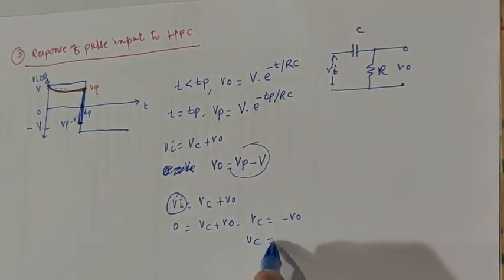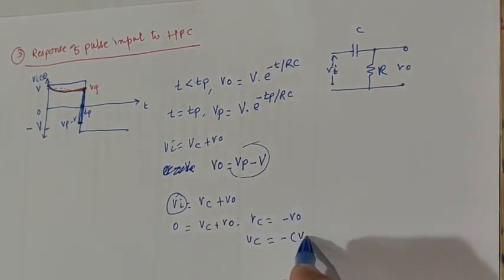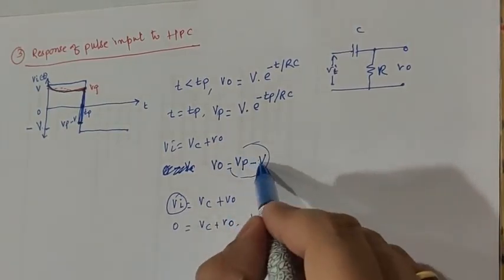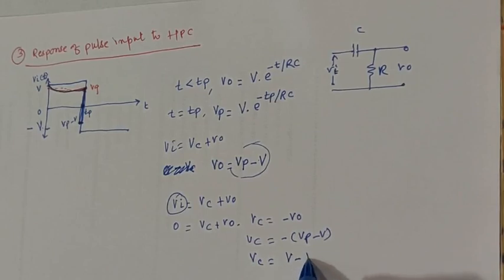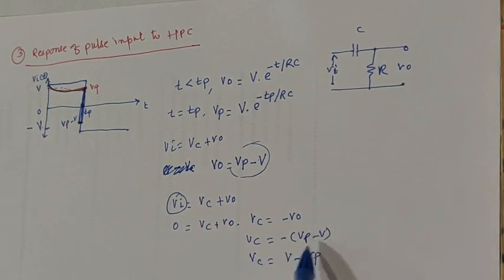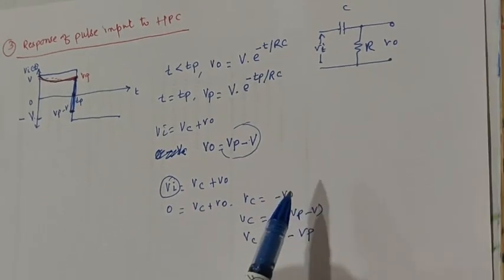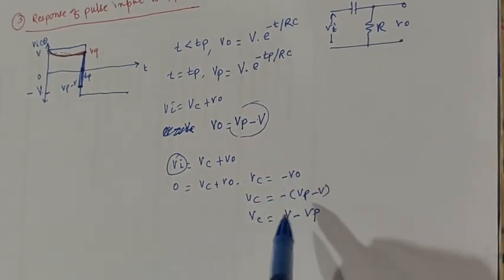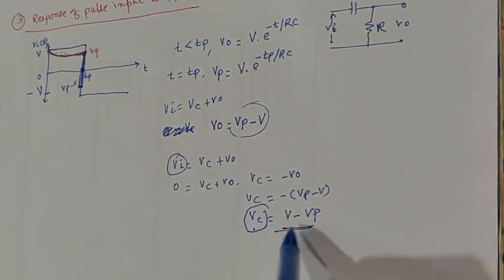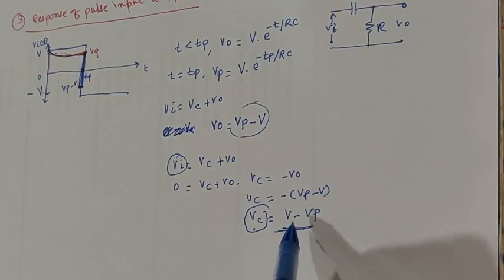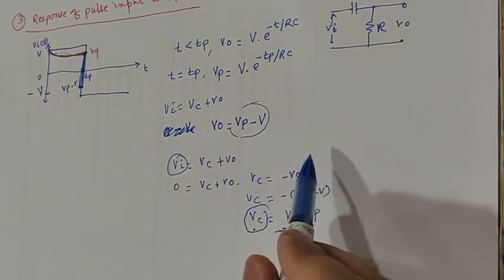That is, Vc is equal to minus of Vp minus V, since V0 is Vp minus V. So the value of Vc is now V minus Vp, because I can multiply the bracket by the minus sign. This is the voltage the capacitor is having now: V minus Vp, and from this value it is going to discharge.